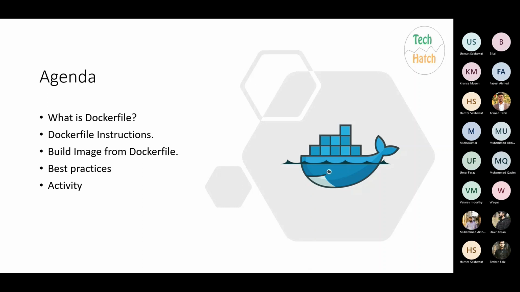Along with this theory part, we'll definitely have some activity so that we'll be more familiar with how to create a Dockerfile, how to create an image from our own Dockerfile, and how to copy our source code to an image that will be spun up in a Docker container.